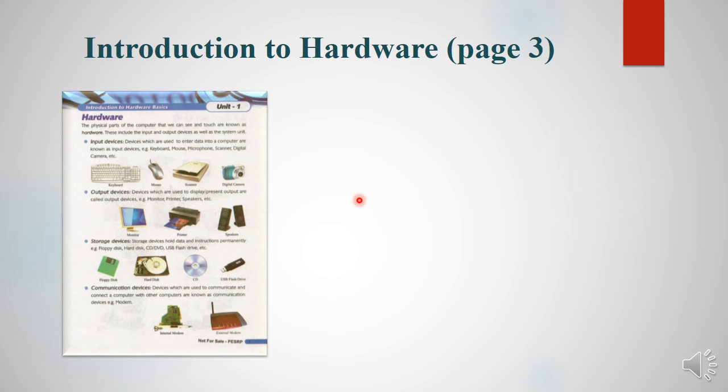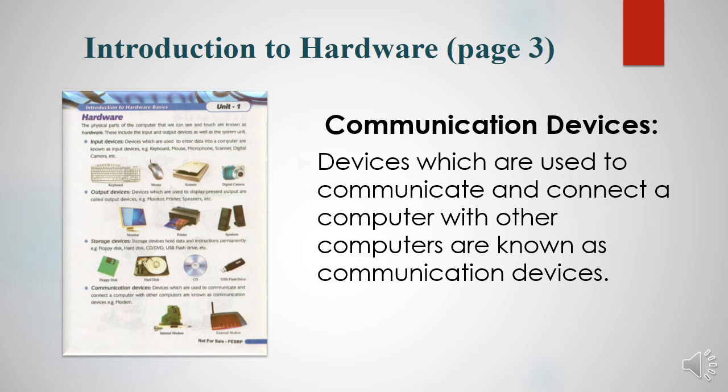Now, communication devices. Devices which are used to communicate and connect a computer with other computers are known as communication devices. So with the help of these devices, 2 or more computers can be connected or communicate with each other.